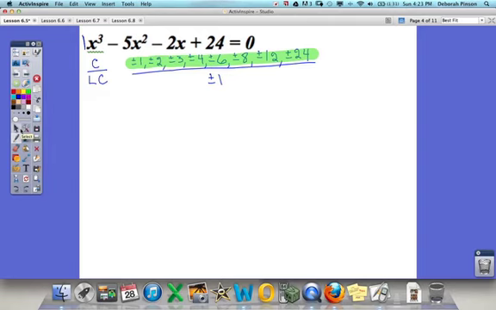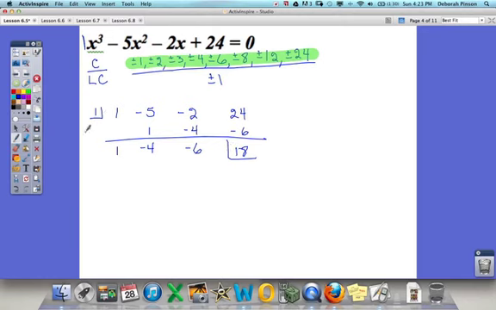Okay, so let's go through and try to find one that works. I'm going to just pick 1 because it's first on my list. So what I'm going to do is put it in my box, and then go through and do synthetic division. Now, if it is one of my answers, I should get a remainder of 0. Okay, so 18. 1 is not an answer.